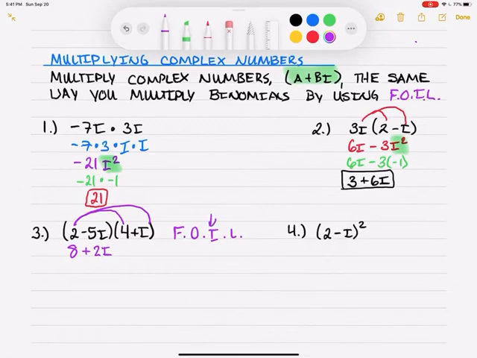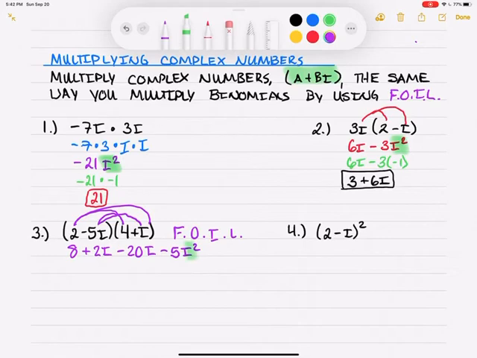The I in FOIL stands for inner, so the most inner pieces, negative 5i and positive 4, which is negative 20i. And then L stands for last, which is the last term of each binomial, negative 5i and positive i, so that's negative 5i squared.